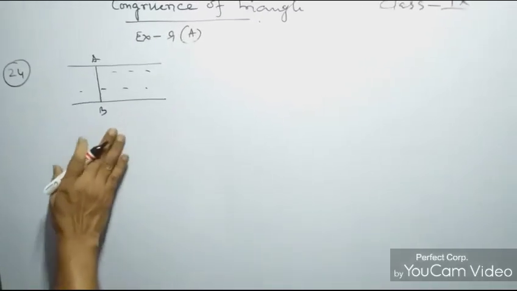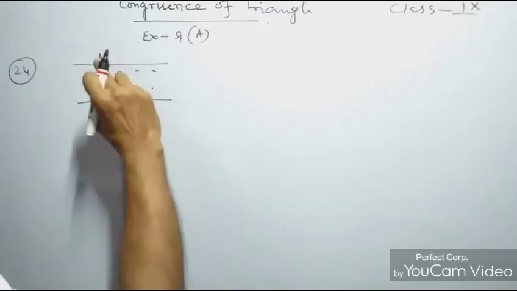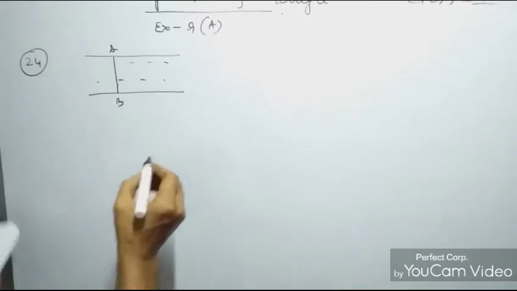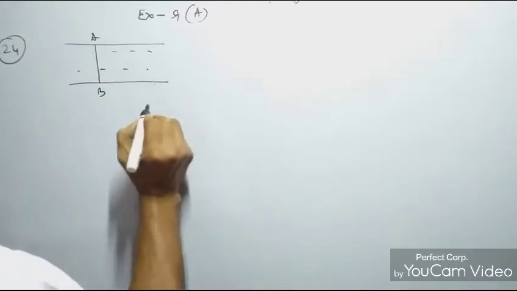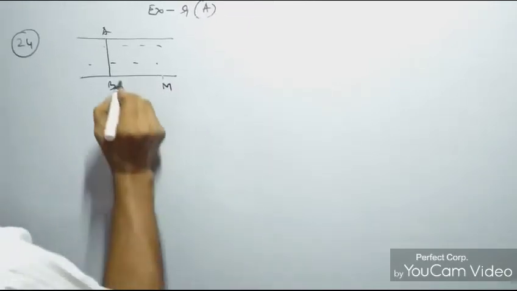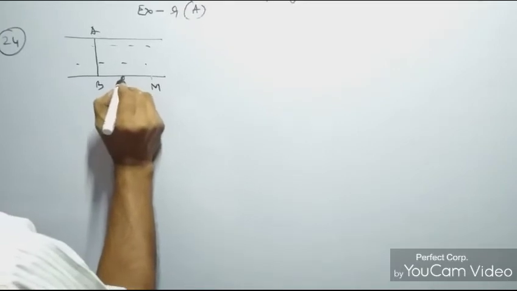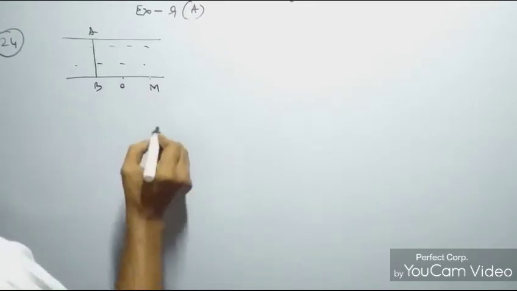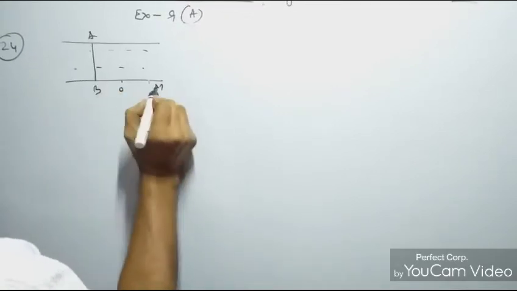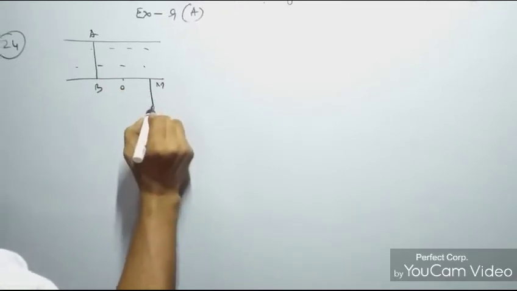Just suppose you are on this side, you need to measure the width of this river, and take any point over here on this bank of the river. Suppose this is M. Take the midpoint O of PM and draw a perpendicular on M on the bank.